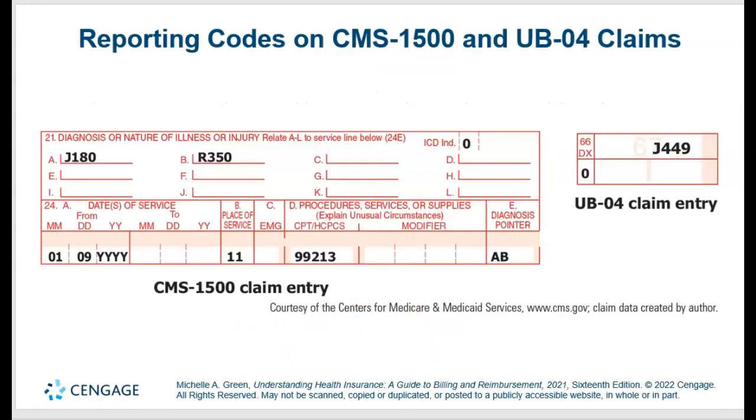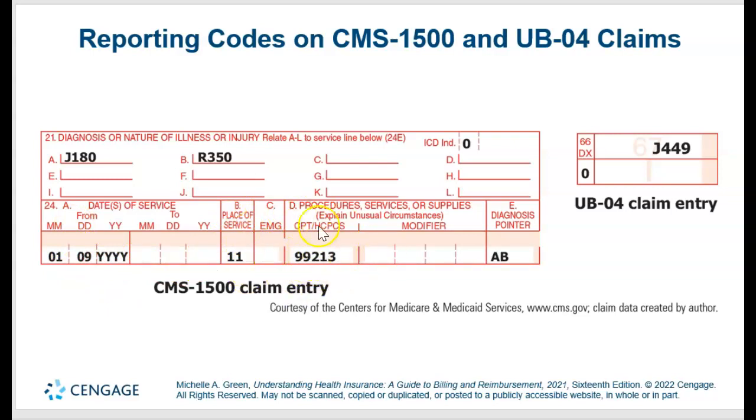Okay, so reporting codes on the CMS 1500 and UB04 claims. As you can see here, we haven't talked about or completed ICD-10 codes, but it's always an alpha, and then we have our numerical numbers, okay? So these are diagnosis, which we will learn about, ICD-10. And then date of service, place of service, and then you're going to have the procedure code.